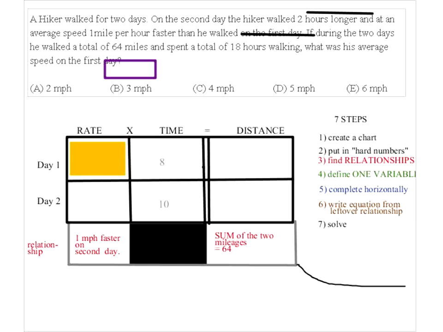So does anybody know, if we decide to define our variable based on this instead, who knows what I would call these if I'm going to define a variable based on the sum is 64. If I called this D, then what would this be? Anybody know? Yeah, D and 64 minus D. Well, 24 and 40 is once you've solved the problem.